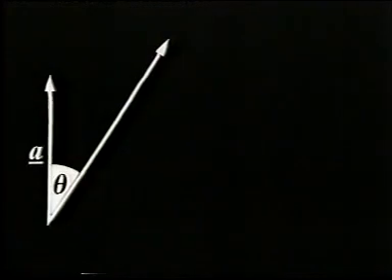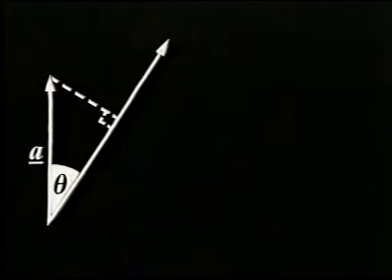We can easily calculate the length of a projection of our vector. Starting with the vector A, draw in the line we are projecting onto at an angle theta to the vector. Then drop the perpendicular, and this is the distance we want, which is just the magnitude of A times the cosine of theta.